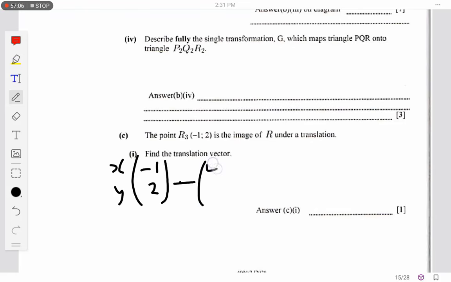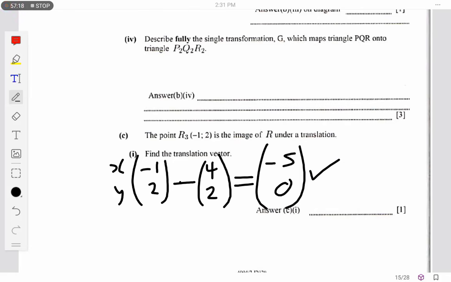Then I subtract: minus 1 minus 4, we get minus 5, and 2 minus 2, we get 0. So this is the translation vector. That's where you say the image minus the original, you get your translation vector R there.